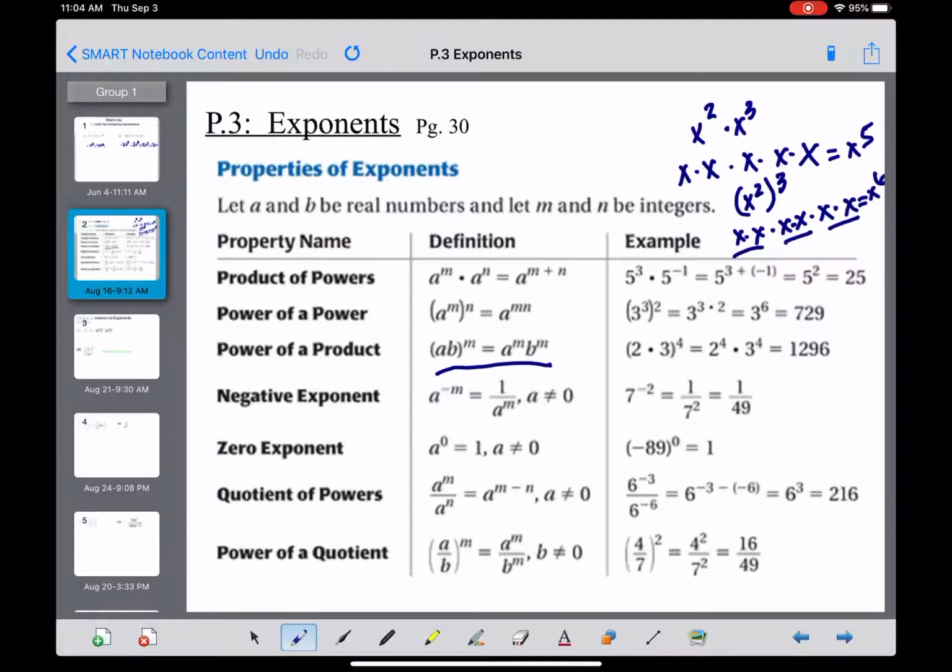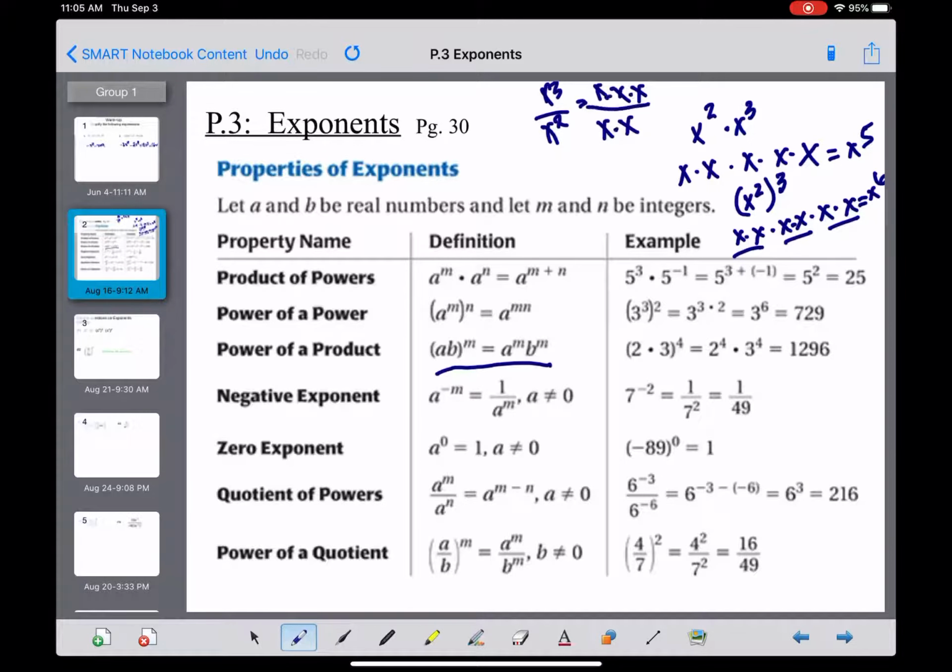Quotient of powers, we can show a similar example as what we did up above. When I have something over something and they have the same base, like x to the third over x squared, there are 3 x's on top and 2 x's on bottom.